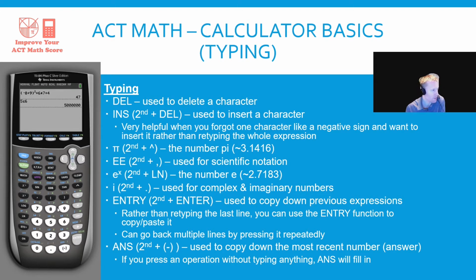Next button I want to talk about is e to the x. If you hit second and then the ln button, you should see a little light blue e to the x over it, and this gives you the number e, which is approximately 2.7183. It's one of those common defined numbers in math relating to exponential functions, exponential growth and decay.